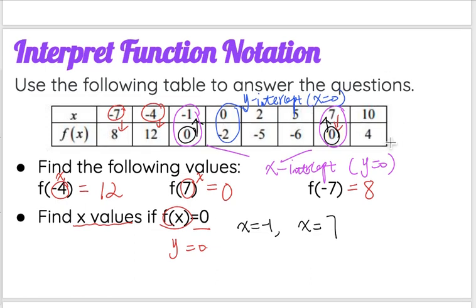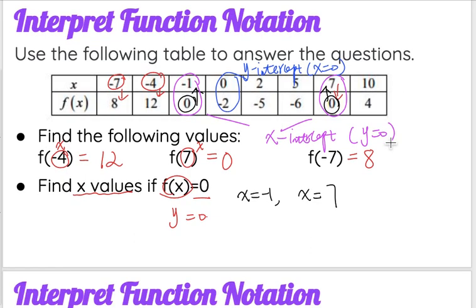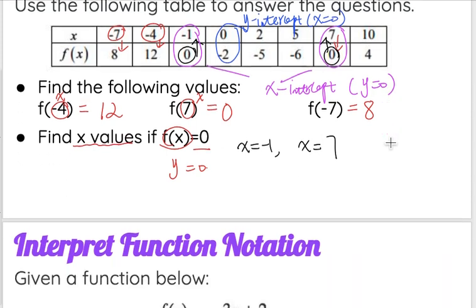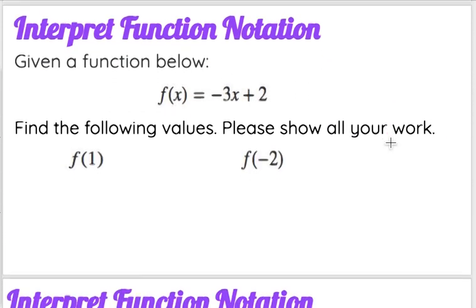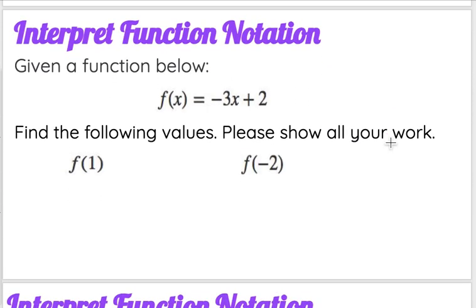Next, we're going to quickly look at the equation and see how we use the equation to figure out the function values. We're given a linear function here, and we are going to figure out what is f of 1 and what is f of -2. So for f of 1, we know the inside part is x, meaning the input is 1. So how do I figure out when x equals 1, what is y? All we need to do is plug the value into the equation.